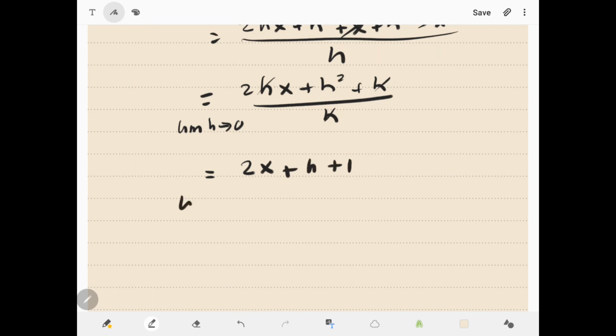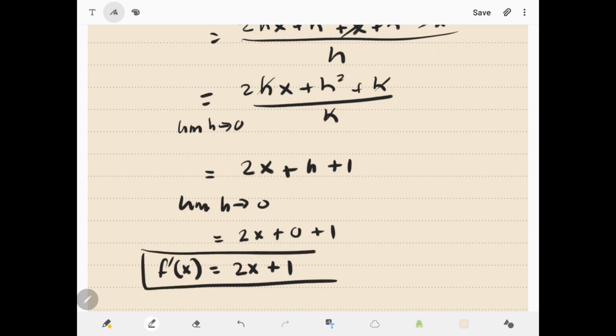The limit here is h approaches 0. So we will now substitute the value of h from our equation. So this becomes 0 plus 1. So the final answer here, the first derivative of our function, is equal to 2x plus 1. So this is the answer.